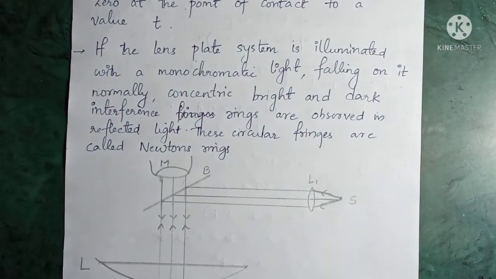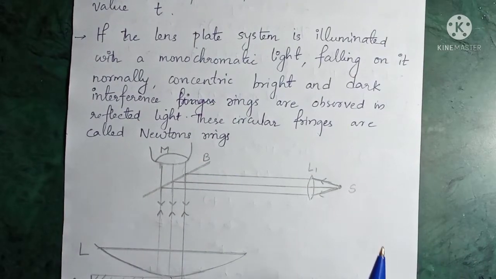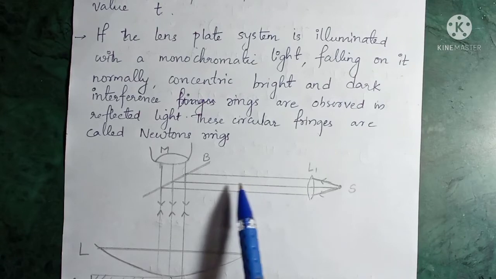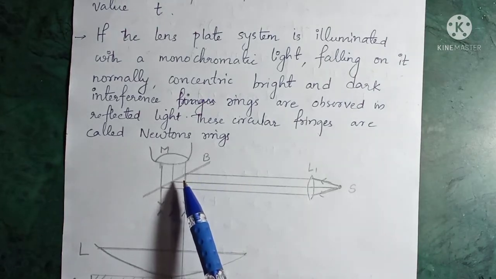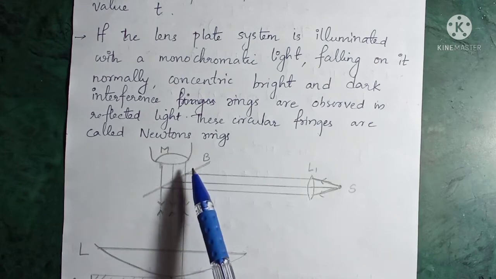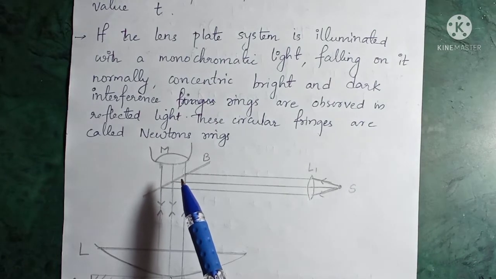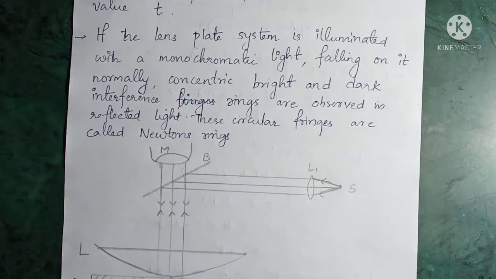So in this apparatus, you can see in the figure, a horizontal beam of light falls on the glass plate B. This glass plate is kept at a 45-degree angle, and a part of the incident light reflects towards the air film enclosed by this lens and the plane glass.